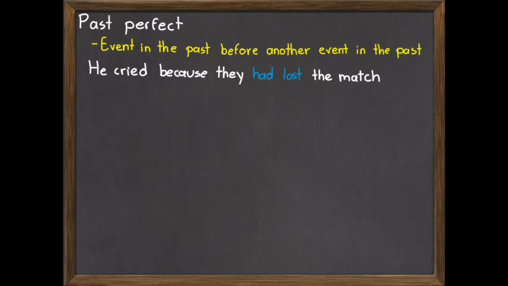Now, this is the common syntax that is used with past perfect. We normally use have in the past sense and the verb also in the past sense. Both of them are in the past, the two verbs.